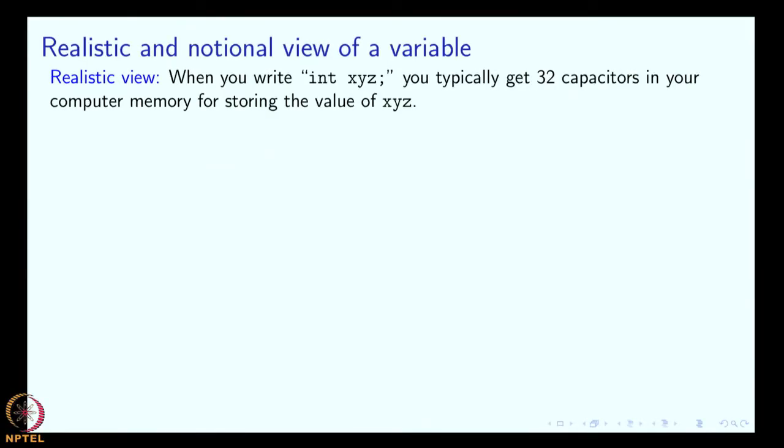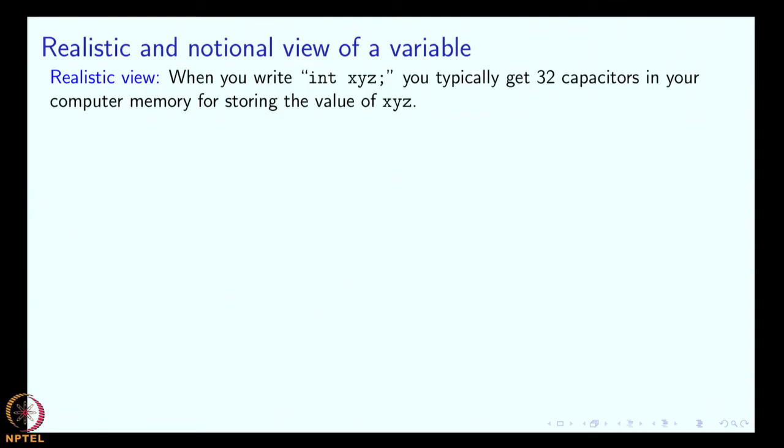So let's continue this discussion between the two ways of describing. If I want to talk about a variable, there is a realistic view which says that when you write int xyz, you get 32 capacitors in your computer memory for storing the value of xyz. Note that I am not saying you always get 32 capacitors, but you typically get 32 capacitors.